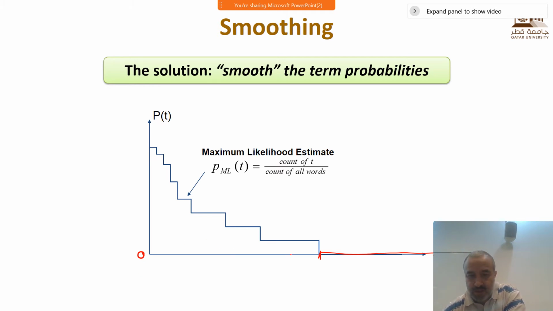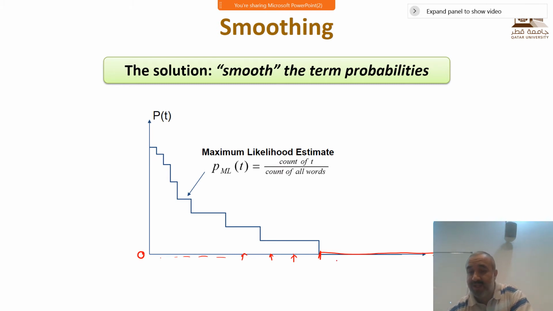This one, this one, this one, all of these. Some of these have high probability and some have lower probabilities. So that's the language model if we only use the maximum likelihood estimates, which is problematic as we saw.